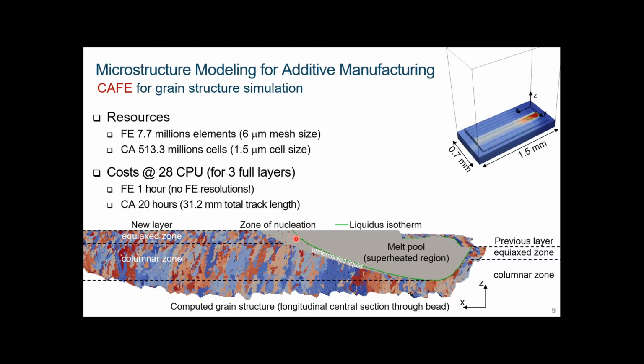So you have larger undercooling. You see all this gray region here is actually the undercooled region below the liquidus isotherm in green. And you have more equiaxed grain forming, and they have time to grow and to block the columnar grain. So you have an equiaxed zone at the very top rear of the melt pool.